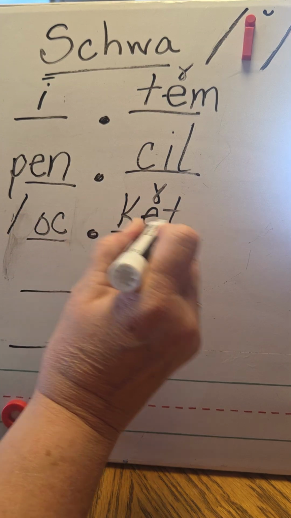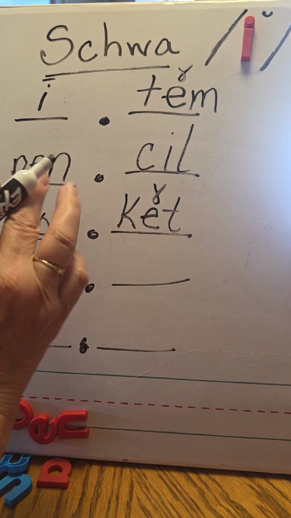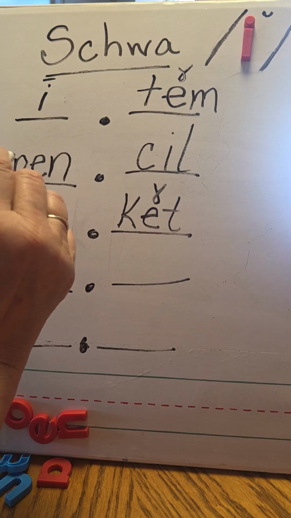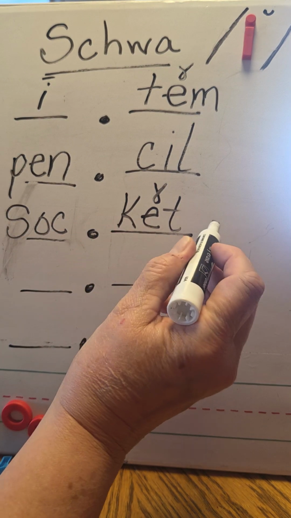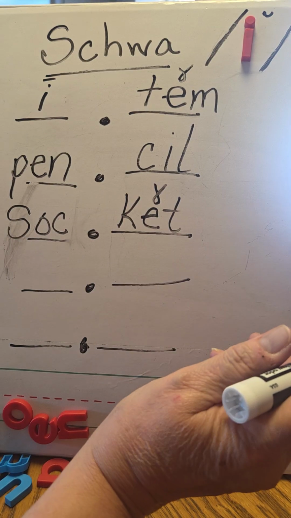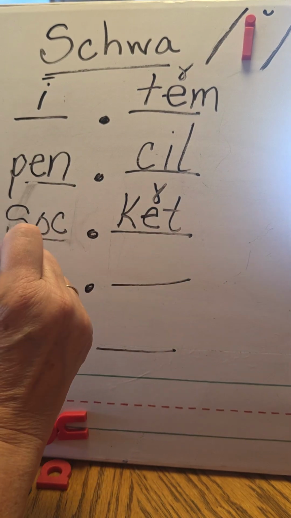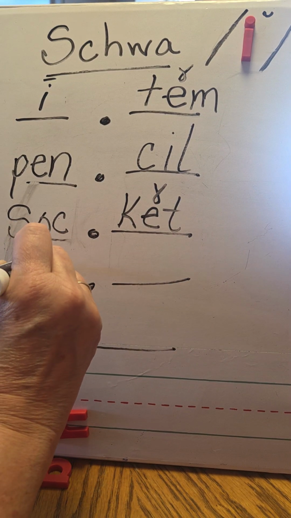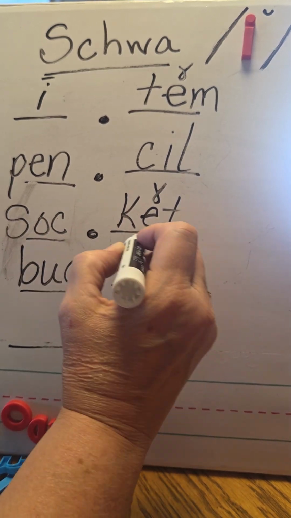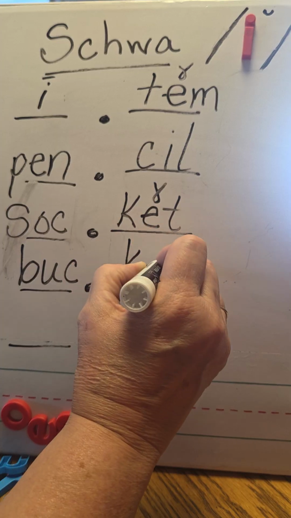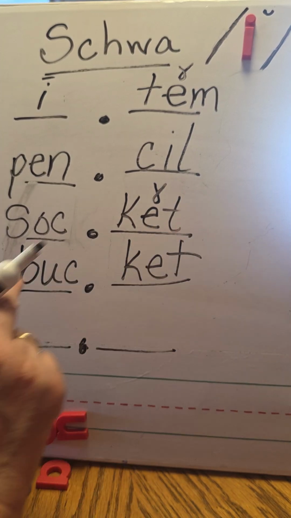Locket. Socket. Your eye socket. Let's do another one with a CK. Here's your buck, CVC, and here's another CVC, K-E-T. Hey, bucket.